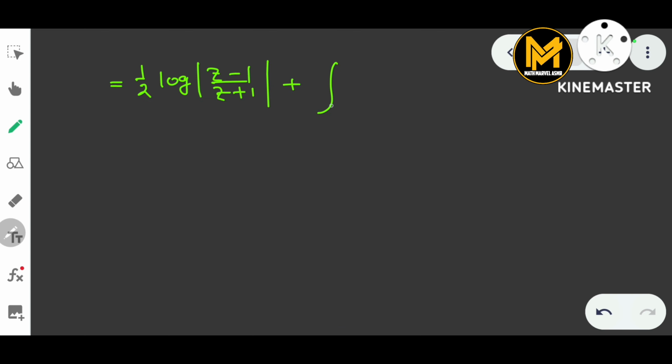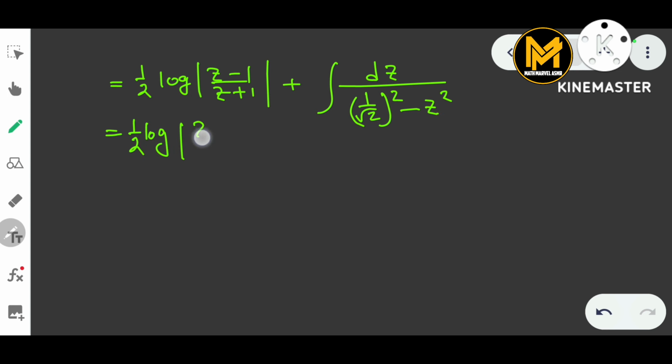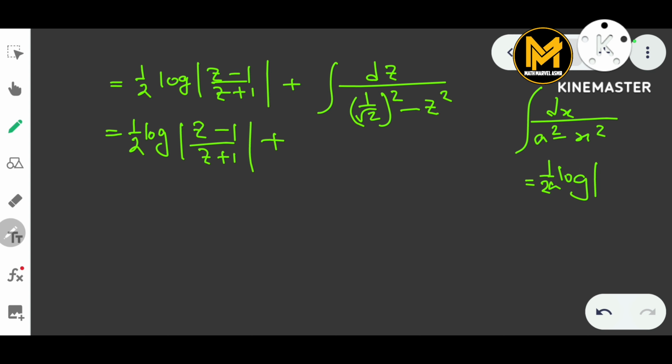Now we will manage this part, that whole square, that is 1 by root 2 whole square minus z square. Here we have to apply the formula of dx divided by a square minus x square integration, that is equals to 1 by 2a log mod a plus x divided by a minus x plus c.